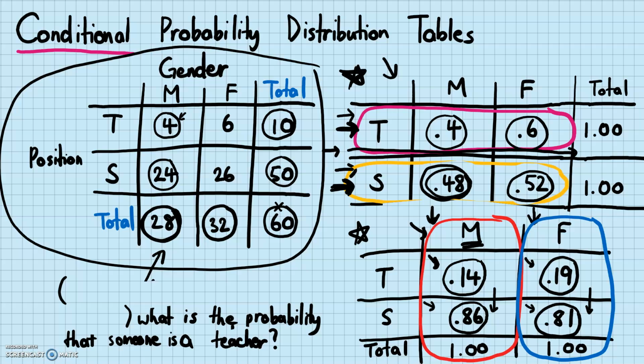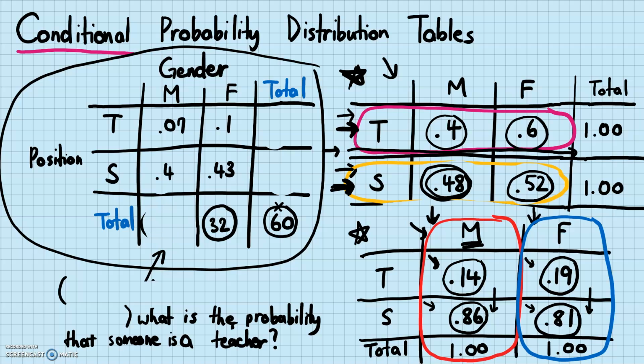Remember on the last lesson we had, where we divide each of these by the grand total, the 60. I believe the probability was 0.07, 0.1, 0.4, and 0.43. And these would be 0.17, 0.83, 0.47, and 0.53.